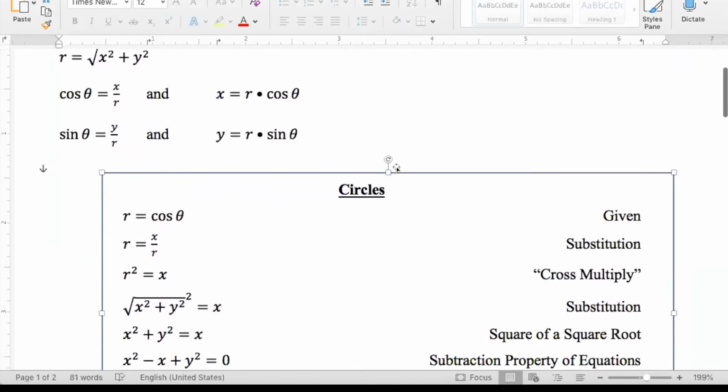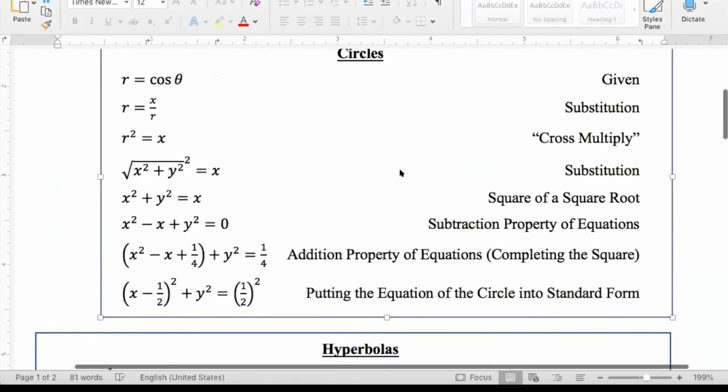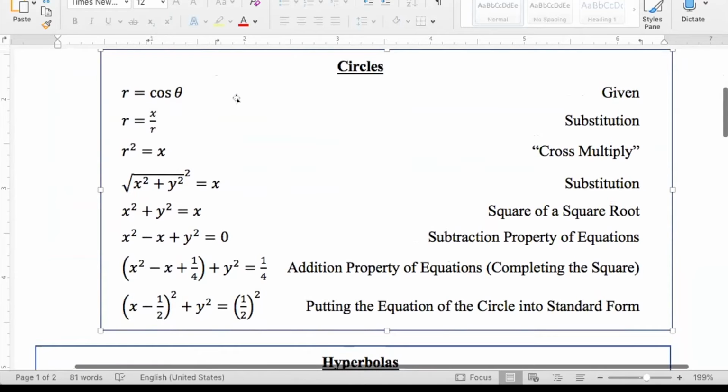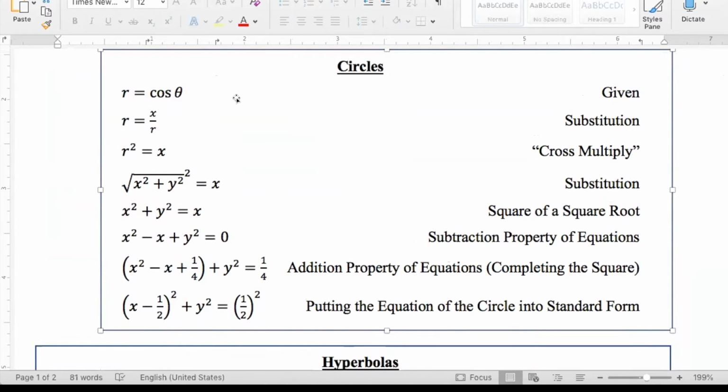So let's take a look at what we get when we try to solve the circle problem. r is equal to cosine theta. First thing I did was substitute the cosine theta part, that's x over r.